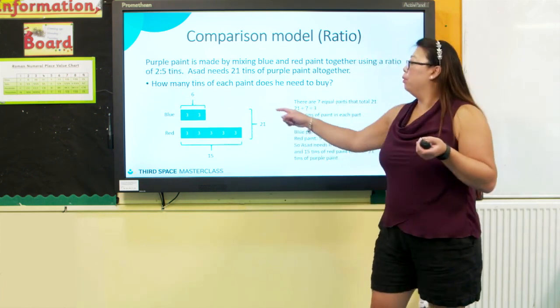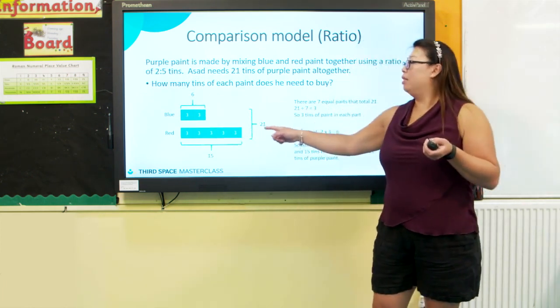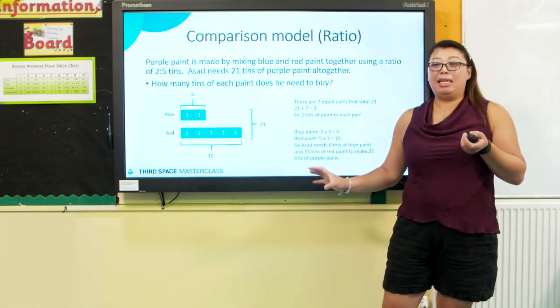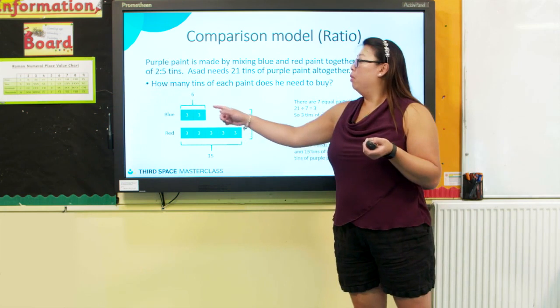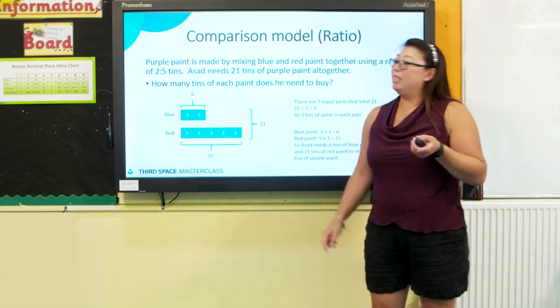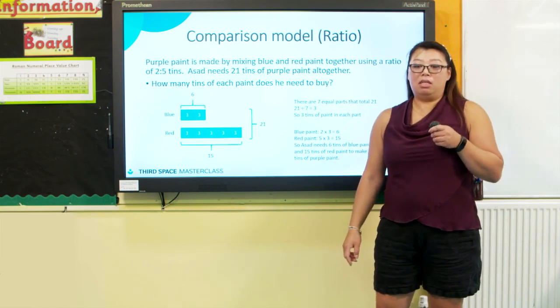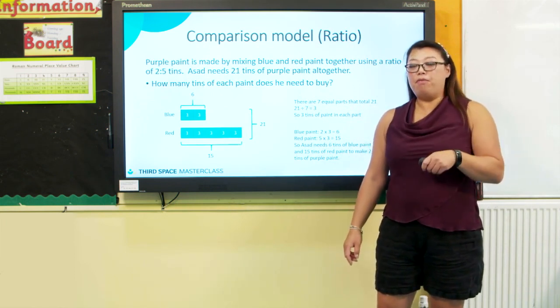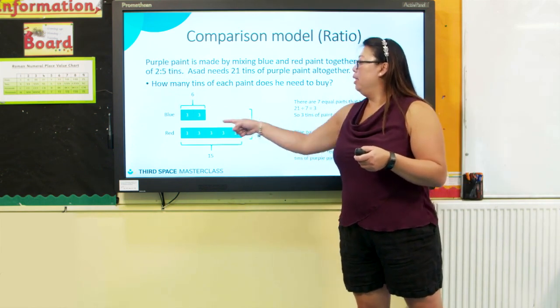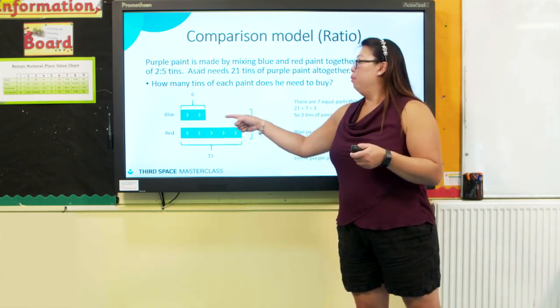Within ratio models, and within any model actually, there are many kinds of questions that you can eke out from the model. For instance, if the question was, what's the difference in the number of blue and red paint that Asad needs, you could see the difference here. That would be 9 tins of red paint.